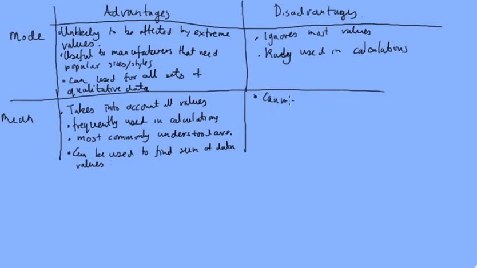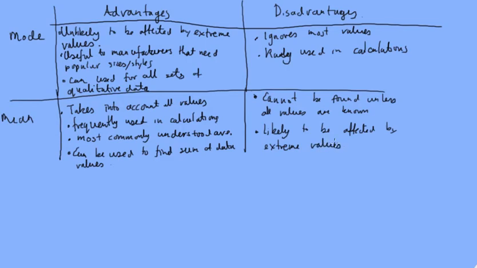Disadvantages: it cannot be found unless all values are known, and it's likely to be affected by extreme values.